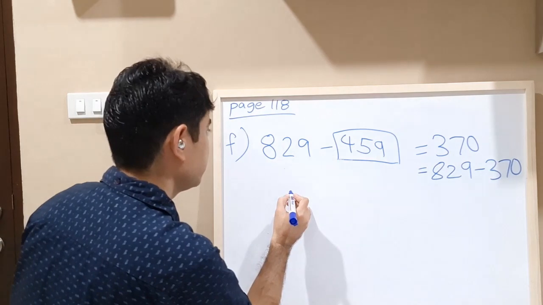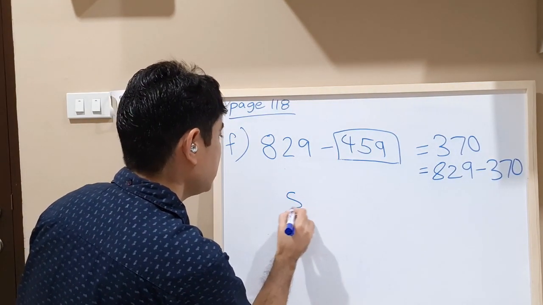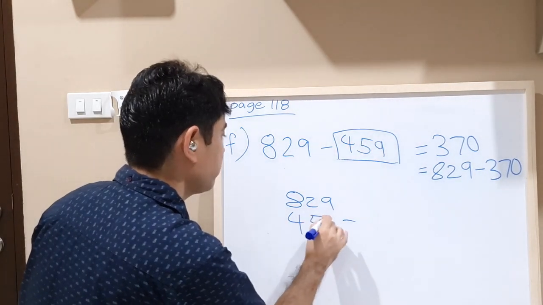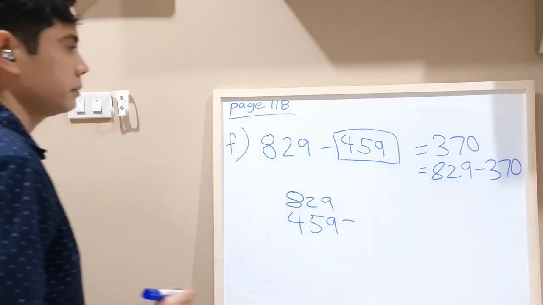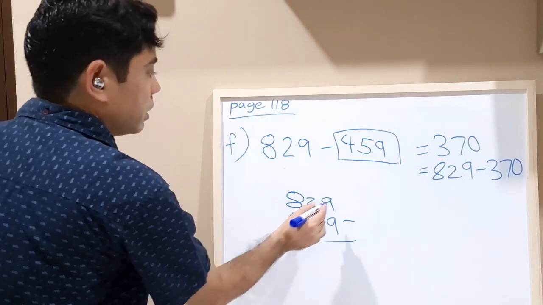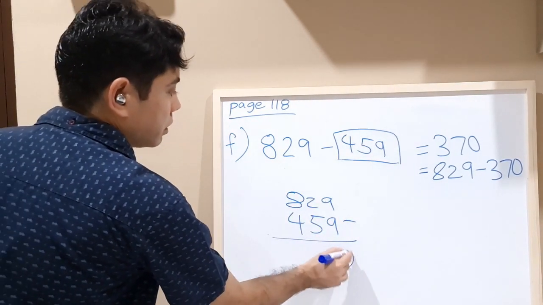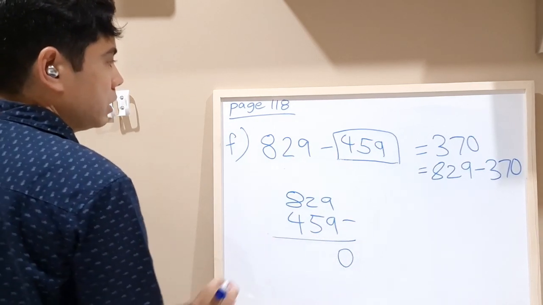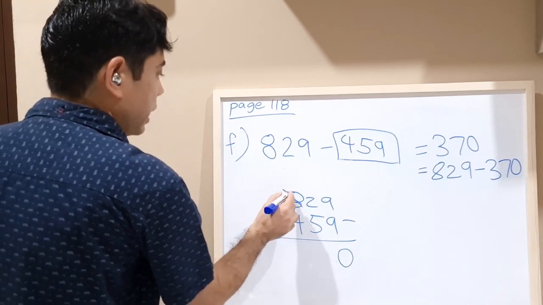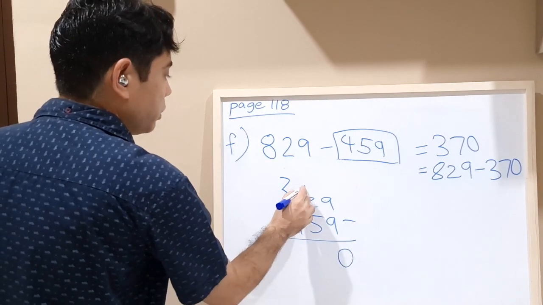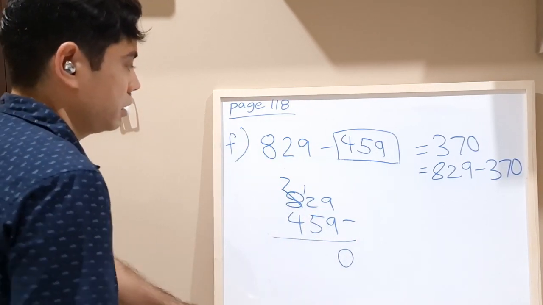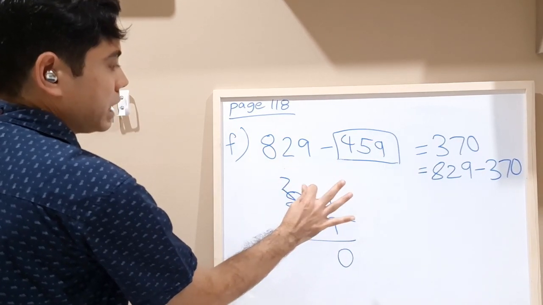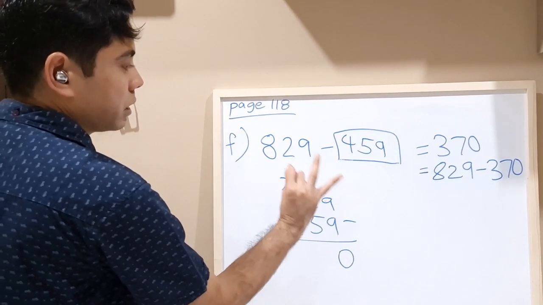829. Take away 459. 9 minus 9, 0. 2 minus 5 cannot be. So we borrow. 8 will become 7. 2 will become 12. 5 in your mind. 5, 6, 7, 8, 9, 10, 11, 12. 7.